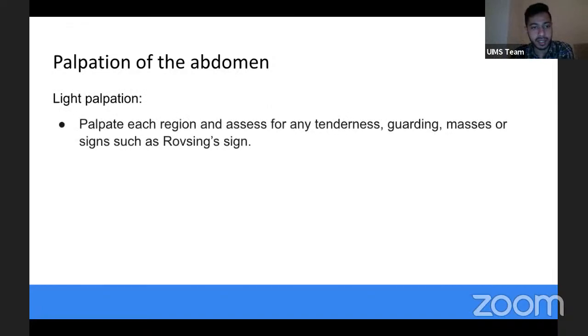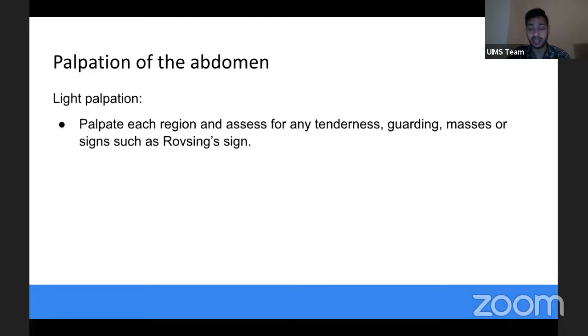In terms of light palpation, we're going to palpate each of the 9 abdominal regions or the 4 quadrants, and we will assess them for tenderness, to see if there's any regional pain, if there's even rebound tenderness as well, which is usually when, after the abdominal wall has been compressed slowly, there's a sharp release of abdominal pain, which is usually a sign of peritonitis.